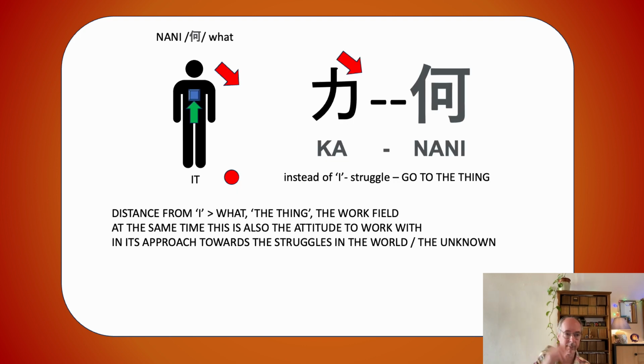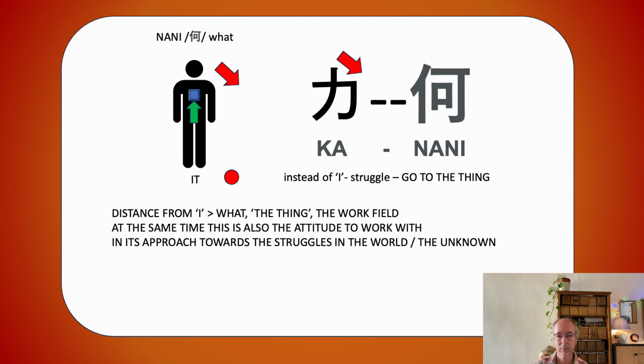I already talked about NANI, that it was "what", and the philosophy that can be discovered behind that. In language there are a lot of things that hang together, not only in the grammar, it's also in the easily associated elements there.